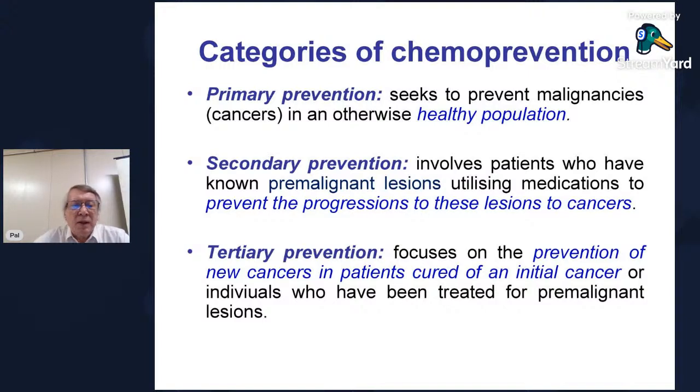Among them, the so-called primary prevention seeks to prevent malignancies, cancers, in an otherwise healthy population. The secondary prevention involves patients who have known pre-malignant lesions, utilizing medications to prevent the progression of these lesions to cancers. And the tertiary prevention focuses on the prevention of new cancers in patients cured of an initial cancer, or individuals who have been treated for pre-malignant lesions.